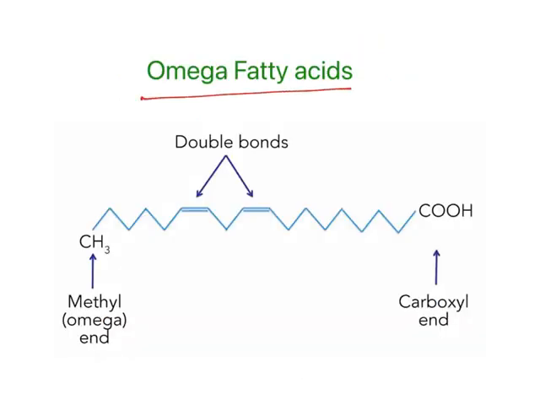Now omega fatty acids. How is this nomenclature given? Usually in IUPAC systematic nomenclature, the carboxylic acid carbon gets the first number and the last carbon is the methyl carbon. In Greek nomenclature, omega is the last alphabet. So when you say omega fatty acids, this methyl group is known as the omega end and the numbering is given from this end.